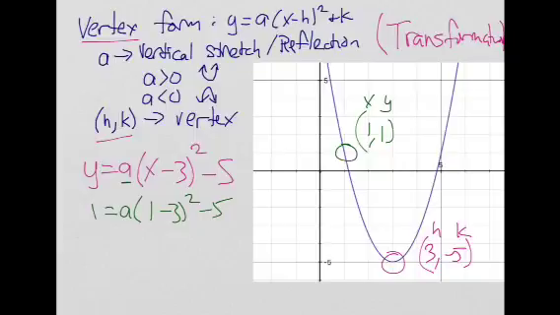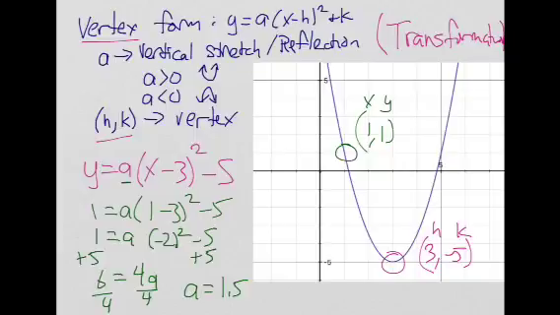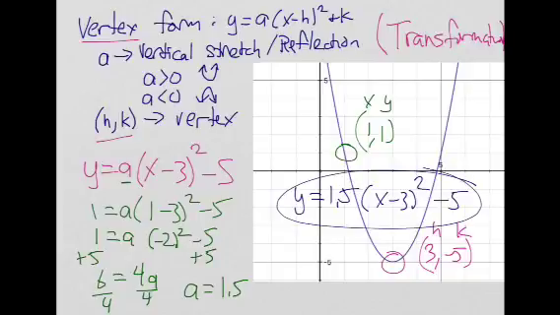And I'm going to solve that equation for a. As I go through and plug that in and calculate that out, I'm going to get my a value is 1.5. So I plug that back into my equation, and the equation of this parabola is going to be y equals 1.5 times x minus 3 squared minus 5. If you can read the coordinates of the vertex, vertex form is a very easy way to write the equation.